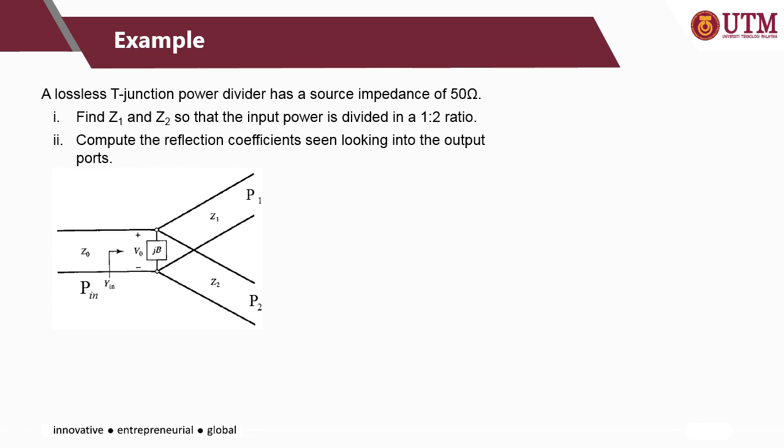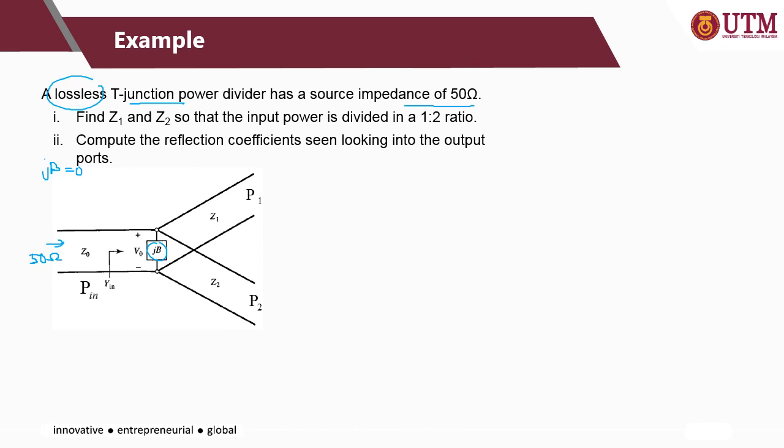Let's look at an example. A lossless T-junction, so we can assume that jB equals 0. The power divider has a source impedance of 50 ohm, so we can assume that Z0 for the input transmission line is 50 ohm.